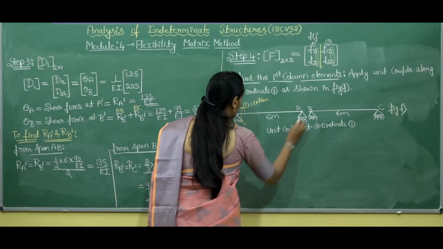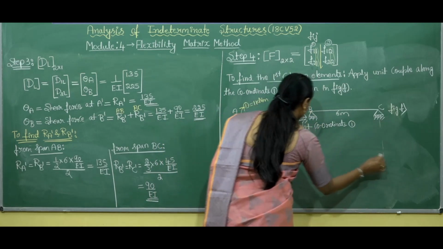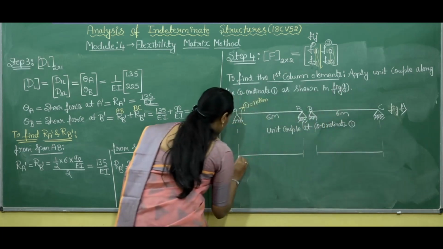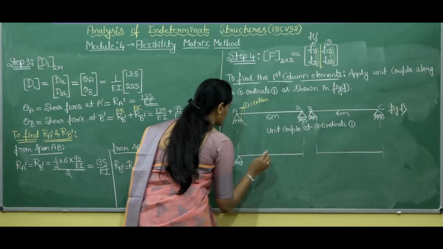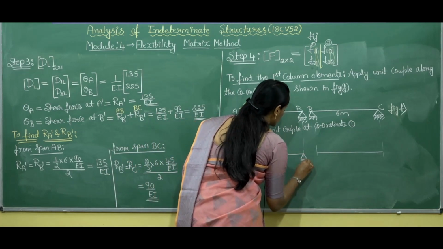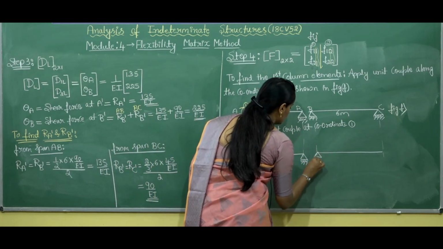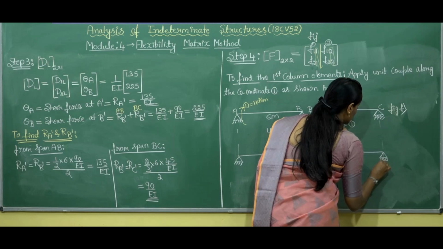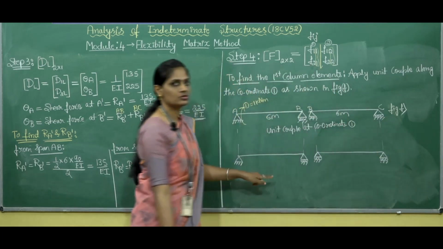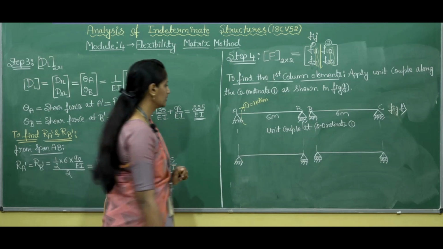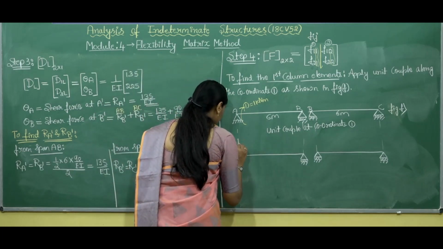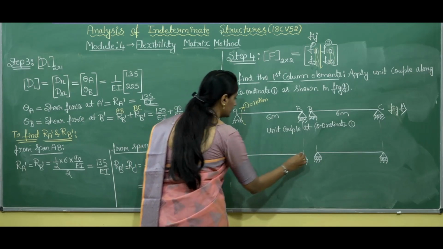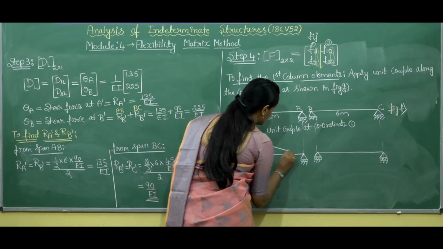So if you draw the M by EI diagram, as usual the span and support conditions remain as they are. That means in the real beam we have simple supports, so in the conjugate beam also simple support remains simple support. Then here we have 1 by EI and at this end it will be 0.